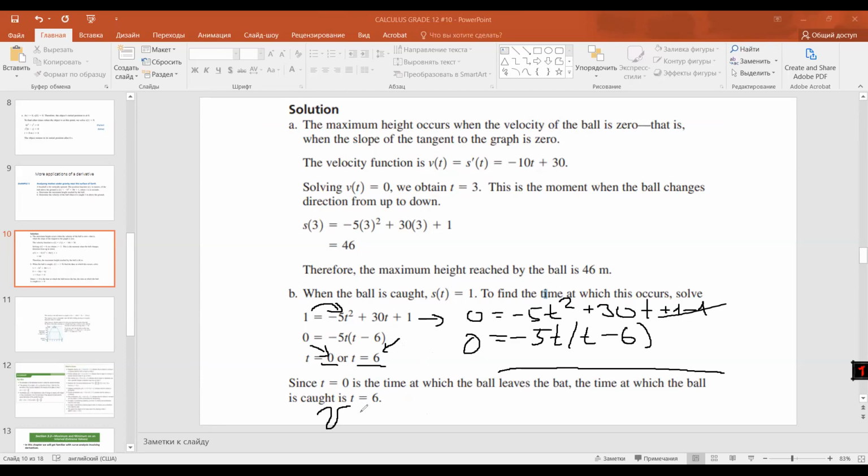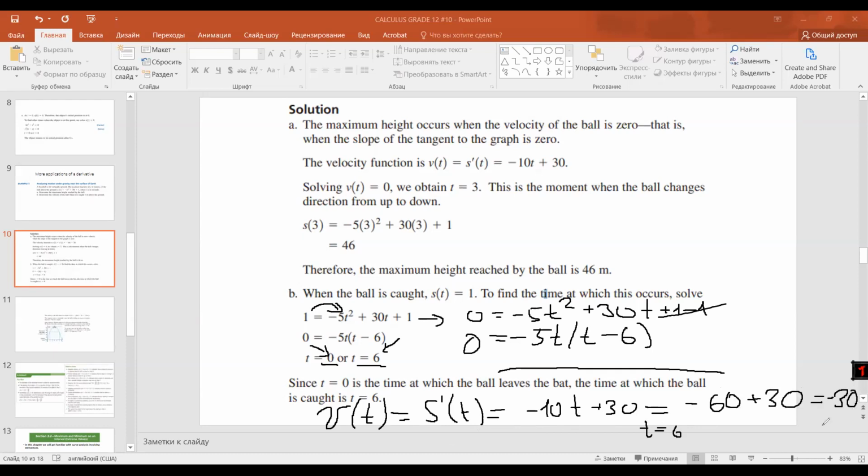And how would we find the equation of velocity? The first derivative of the equation of displacement. Exactly. And in this case, it would be minus 10t plus 30. We substitute t equals 6 in here, and we get minus 60 plus 30 equals negative 30.